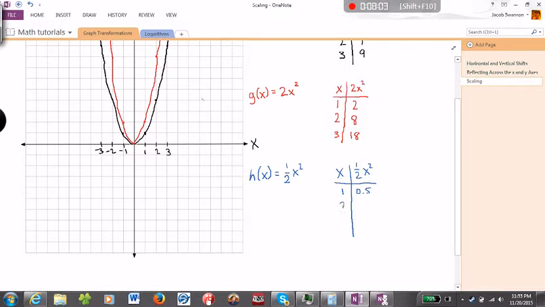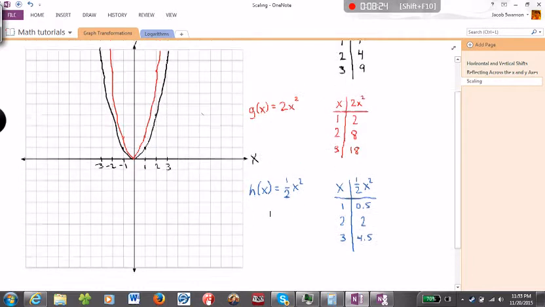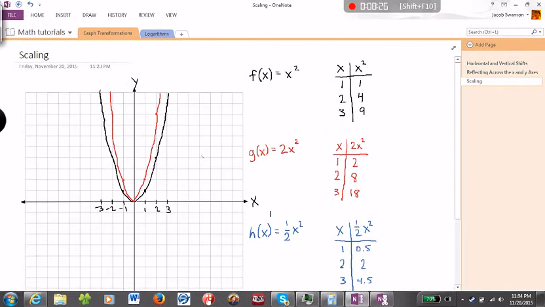When x is 2, 2 squared is 4, divided by 2 is 2. And when x is 3, x squared is 9, divided by 2, that's going to be about 4.5. And we could continue plotting these, but the 3 points should be enough to get the point across.